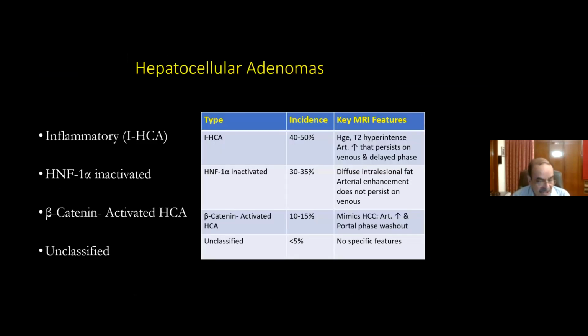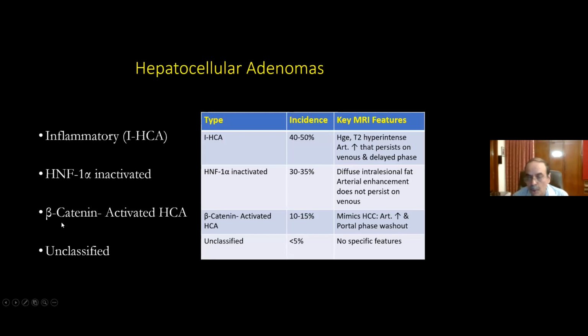Based on the imaging features, there are 4 different subtypes of adenomas. We won't go into the details of this. We leave this to the radiologist, but remember that your radiologist can sometimes help you to subtype the adenoma based on the imaging characteristics. The commonest is the inflammatory subtype. Second commonest is the HNF1 alpha mutated type of adenoma.